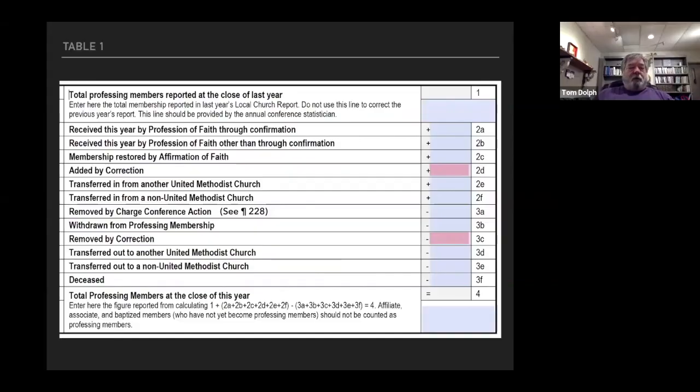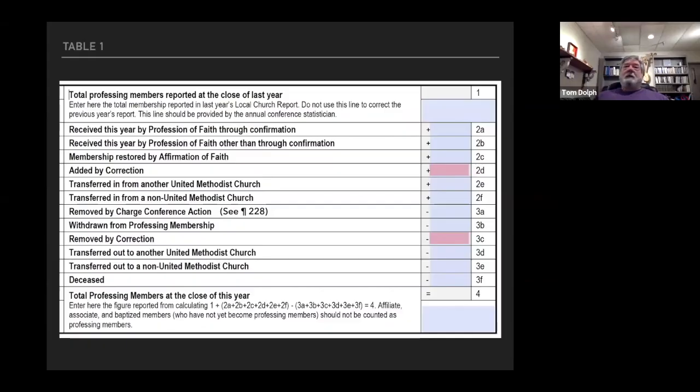So if, for example, you find you have 500 names on your roll, but only list 400 members, you could theoretically put in line 2D the number 100, and that would make your ending number correct. Likewise, you could say that you have 500 on your roll, but can only find 400 names to match. Then you would put 100 in line 3C, and that would make your ending number match.